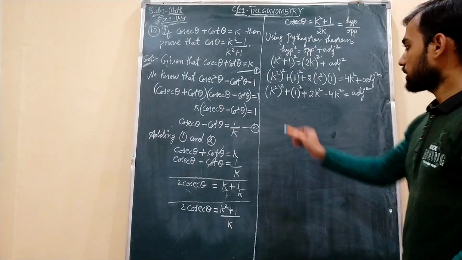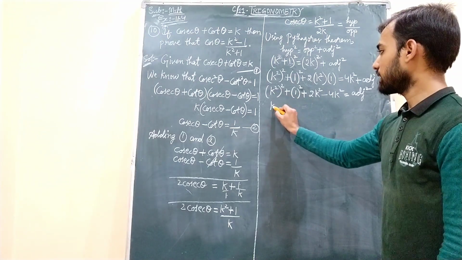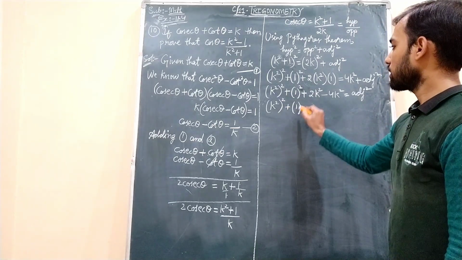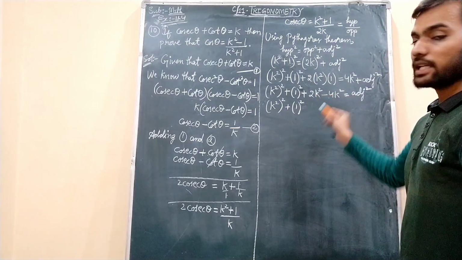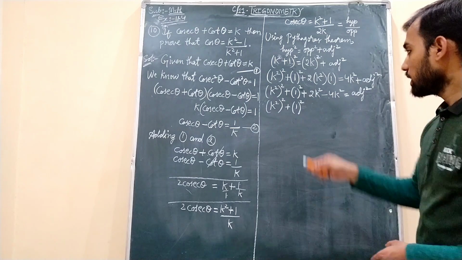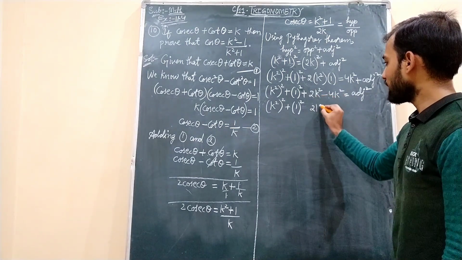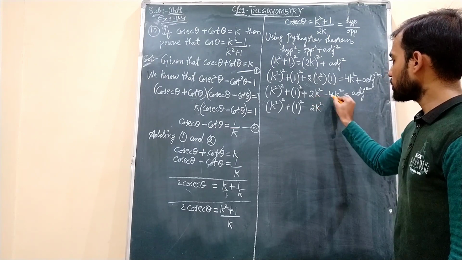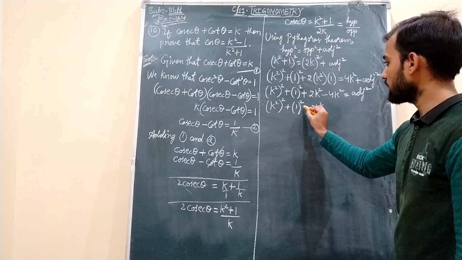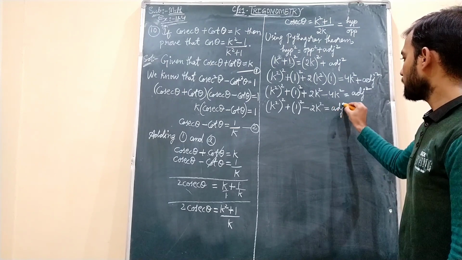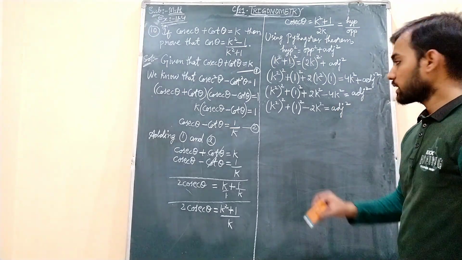Again don't disturb these two, write them as it is. K square whole square plus 1 whole square. 2k square minus 4k square, they are like terms. When you subtract 2k square minus 4k square, 4 is the bigger number having a negative sign, so write minus over here. Right side adjacent square as it is.